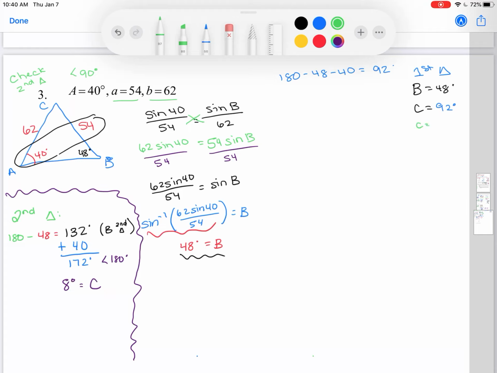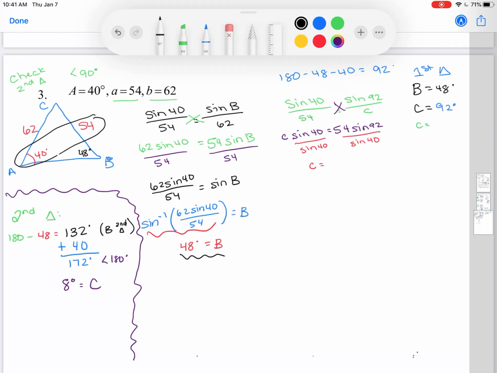In order to find my C, my lowercase c for this triangle, I would do law of sines, again using the information that already matched, except I'm going to use sine 92 for my C portion. Cross multiply, 54 sine 92, dividing both sides by sine 40.